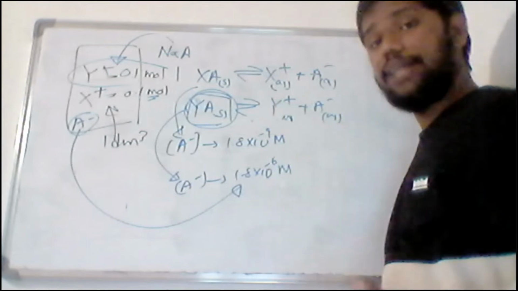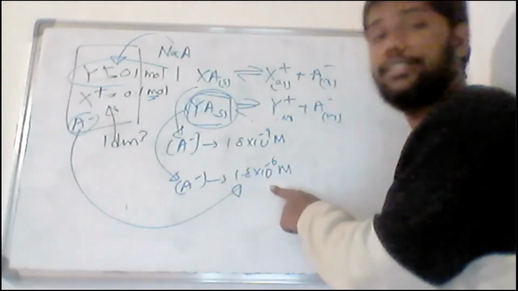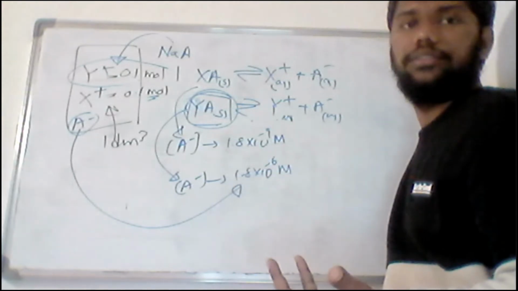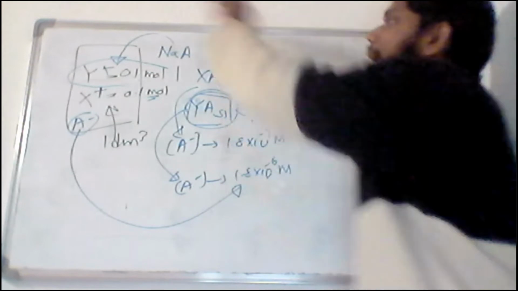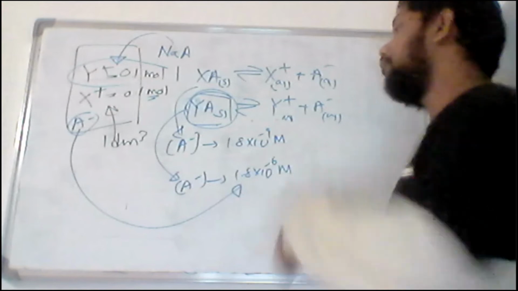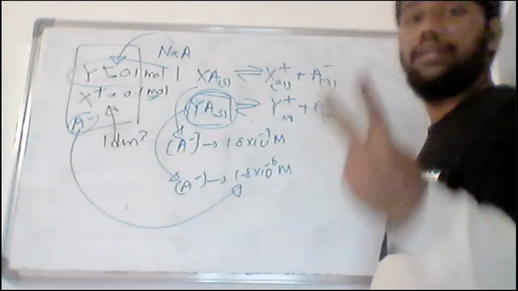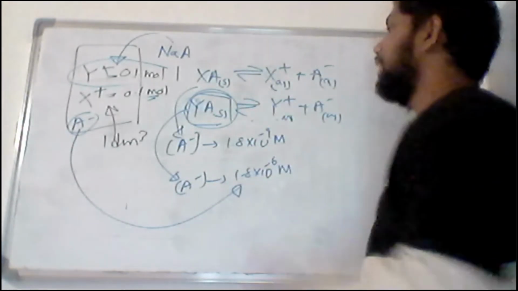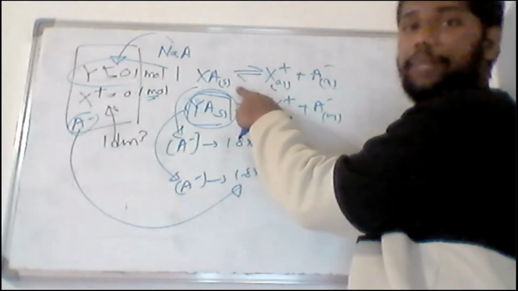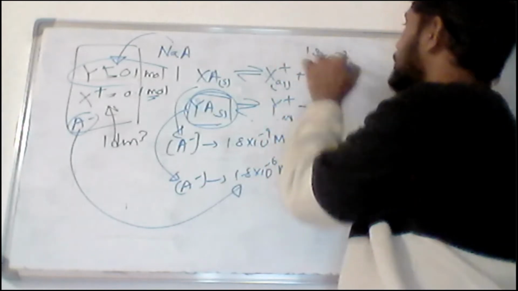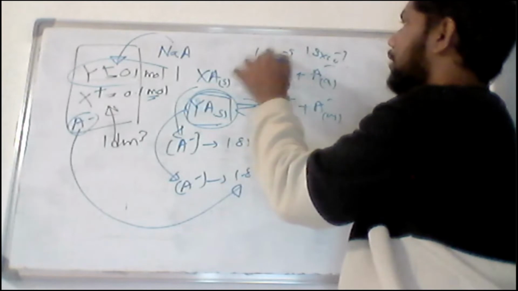Okay. Now they are asking, when the second precipitation starts, what is the concentration of the remaining cation in the first precipitate? You understand this point? When you add A minus, the concentration of A minus increases. Now they are asking, when the second precipitation takes place, what is the remaining concentration of X plus? Initially, when the first precipitation takes place, the A minus concentration was 1 into 10 to the power minus 9, so X plus was also 1.8 into 10 to the power minus 1.